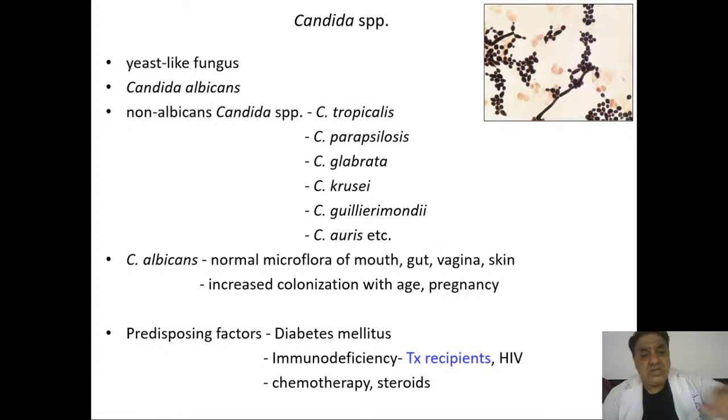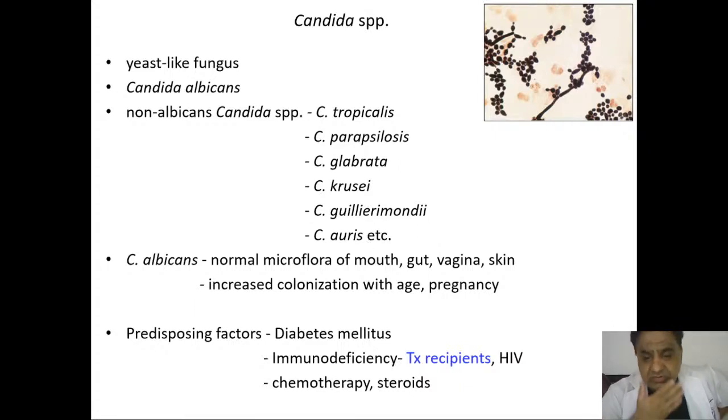Albicans is the most important, but now non-albicans Candida like parapsilosis and tropicalis are seen too. Tropicalis, parapsilosis, glabrata, krusei, guilliermondii, and now an emerging pathogen, auris.